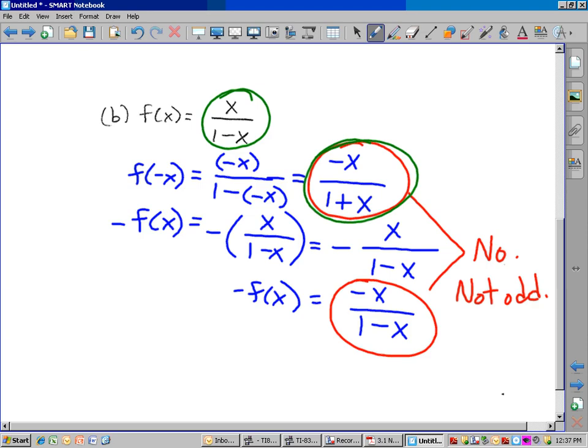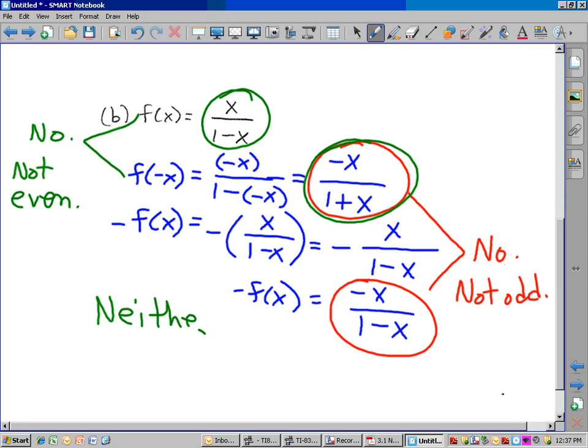Are those two the same? No. So it is not even. So we'll say it's neither. Okay? Neither. It's not even, it's not odd. So we can't classify it as one of those.